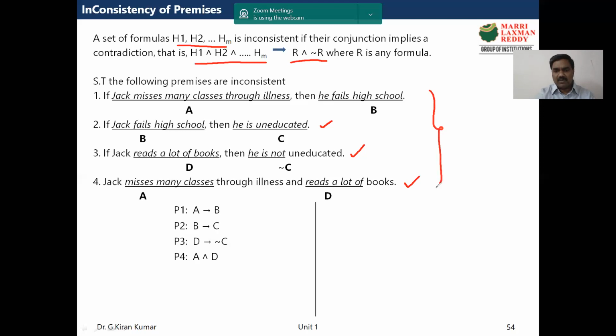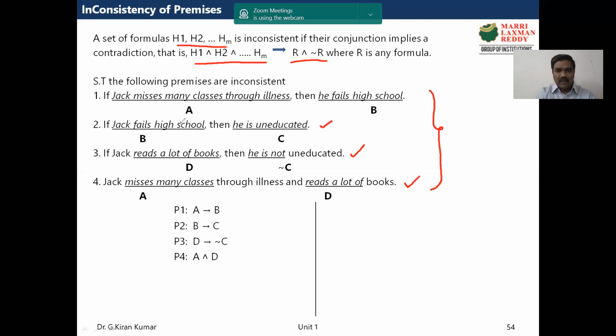That is what we want to see. So what do we mean by proving they are inconsistent? We need to derive at least one contradiction statement. What do you mean by contradiction statement? Contradiction means a statement which is always false. Now the procedure is, of course, in the English statements, first we convert into propositional functions.